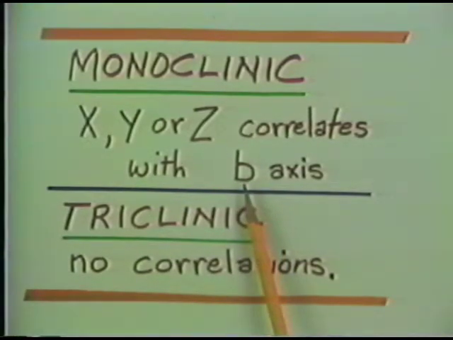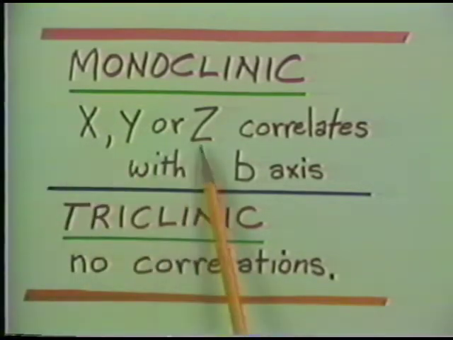The other crystallographic axes, the A and the C axis, bear some angular relationship with the three vibration directions. And in triclinic minerals, there is no correlation at all except by chance between X, Y, and Z and the A, B, and C axes.